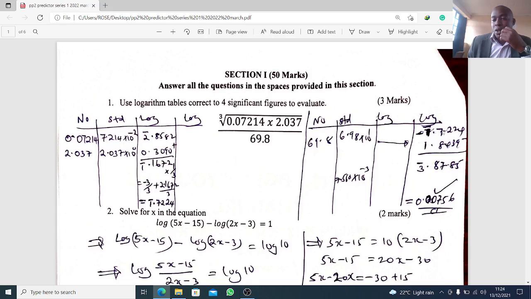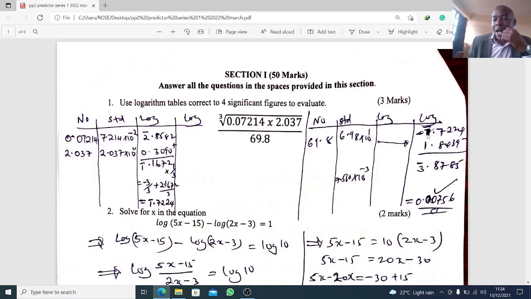You borrow from here, it is now 11 minus 4, it is 7. Then you have 6 remaining here. We borrow from negative 1. Negative 1 minus 1, we remain with negative 2 here. So it becomes 16. 16 minus 8 is 8. We remained with negative 2 here.